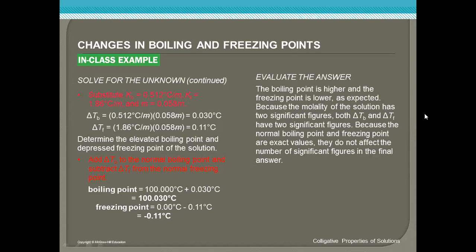Because the molality of the solution has two significant figures, both delta Tb and delta Tf have two significant figures. The normal boiling and freezing points are exact values, so they do not affect the number of significant figures in the final answer.